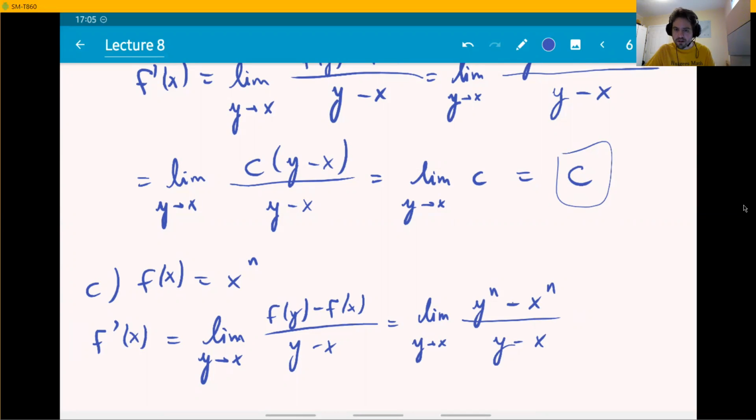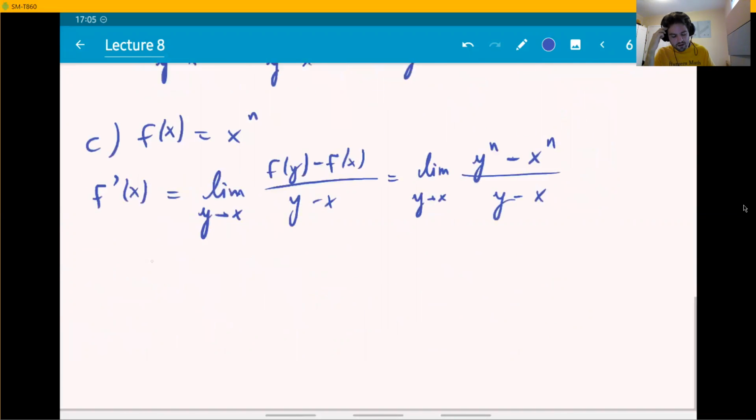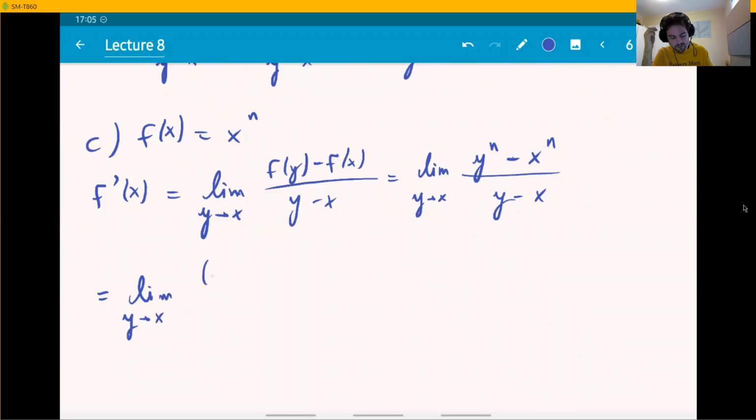Think about y squared minus x squared. If you write that as y plus x times y minus x, then you have your simplification. This time we just have a general n. The idea is exactly the same, of factoring this in such a way that y minus x is one of the factors. So this is the simplification that we need. The identity given to us in the problem was like this.